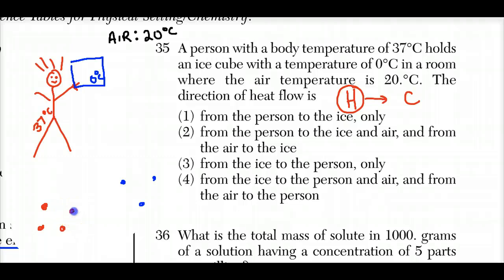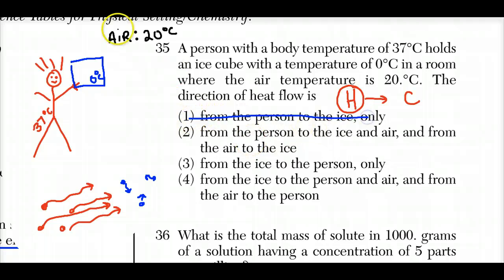Clearly, the molecules with more motion are going to collide and go toward the molecules that have less motion. So heat is going to flow, and when these guys collide, these will move up. So heat always flows from hot to cold. So we're going to flow from the person to the ice only?